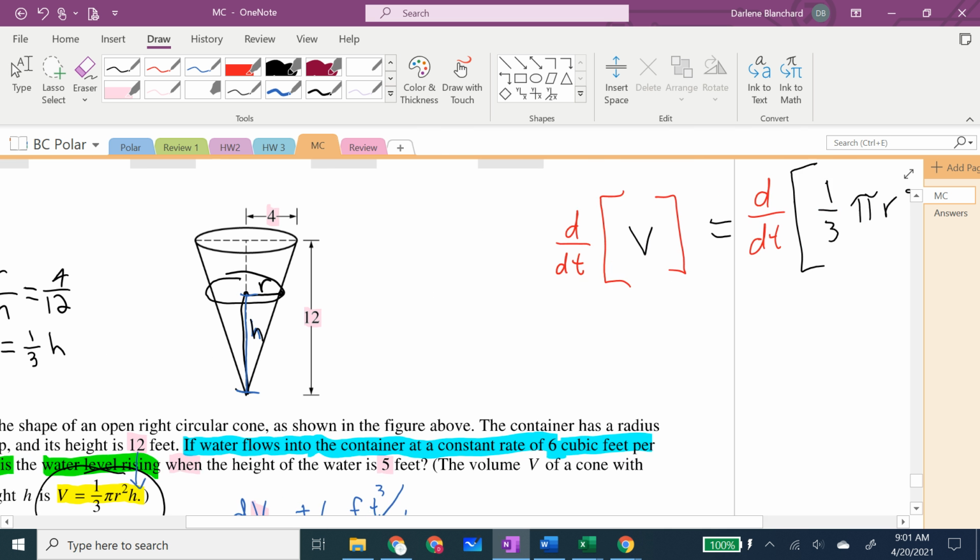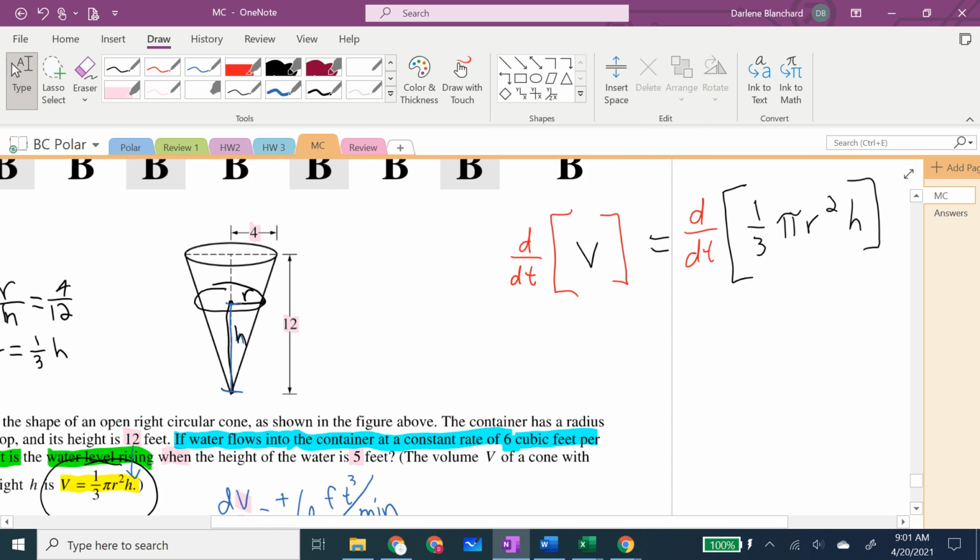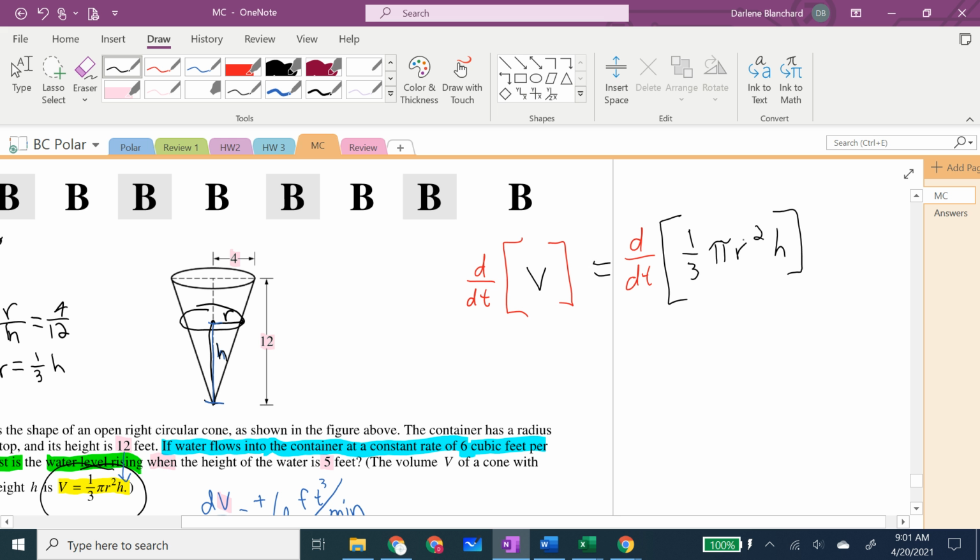Before I take any derivative with respect to time, I want to change into having only 2 variables and not 3. So I'm going to substitute in 1/3 H. Keep in mind I'm squaring it. By squaring it, and let me emphasize, I've got constant pi over 3, and then I have a 1/3 squared.